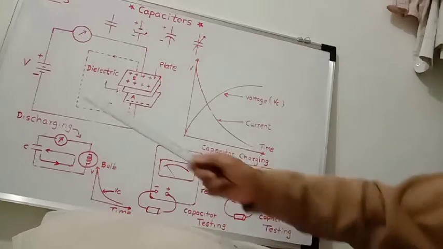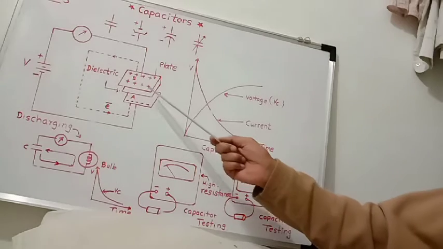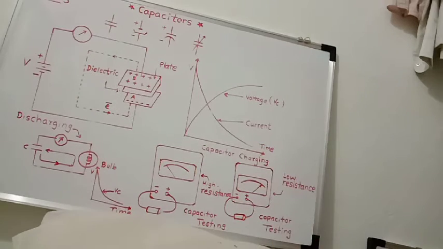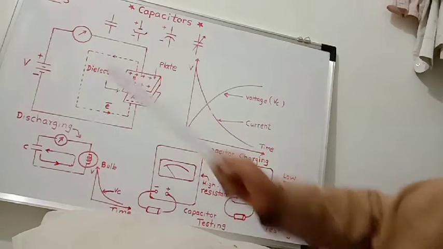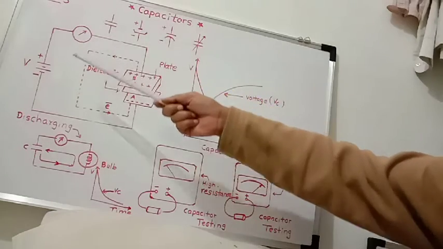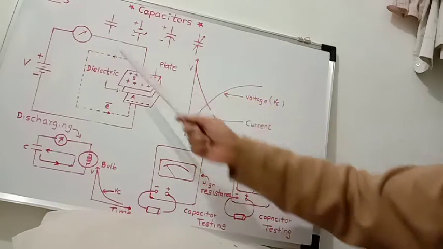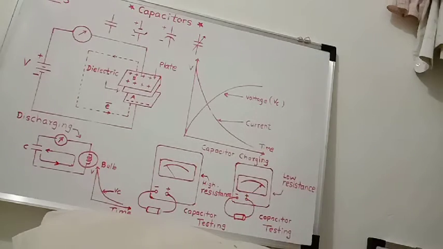When a battery is connected across the capacitor, initially the capacitor offers very low resistance. Therefore, current flows through this circuit. That means the multimeter or any ammeter shows full deflection, because initially the capacitor has very low resistance.